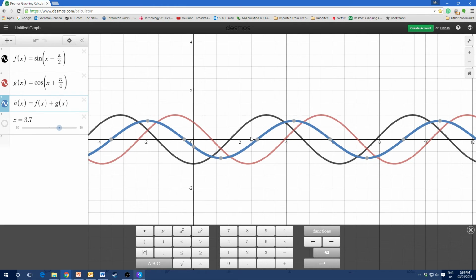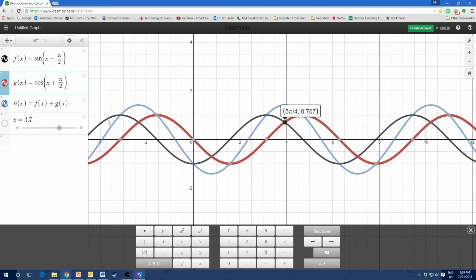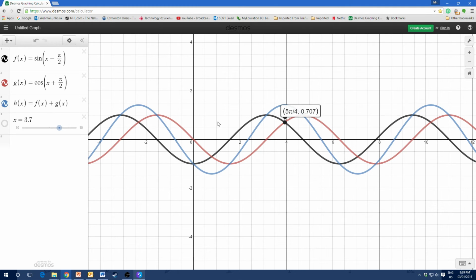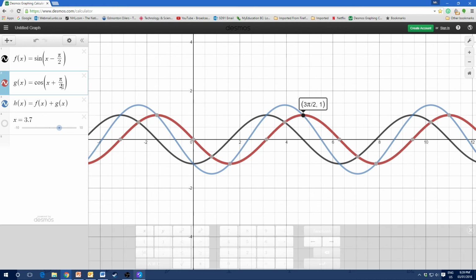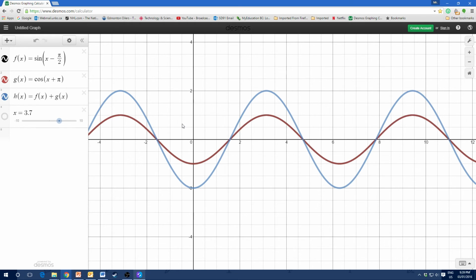Obviously, you can manipulate these. For example, if I change this to, say, pi over 2, we've manipulated it slightly so that the resulting h of x is bigger. Let's change it to just pi. Here, the waves are completely identical, so the resulting wave h of x is much, much bigger.